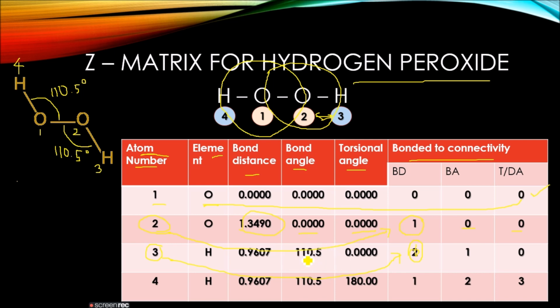Atom 3 is connected with atom 1. You put a circle for this and you get an angle because 3 atoms are involved. Now you get an angle of 110.5 degrees.